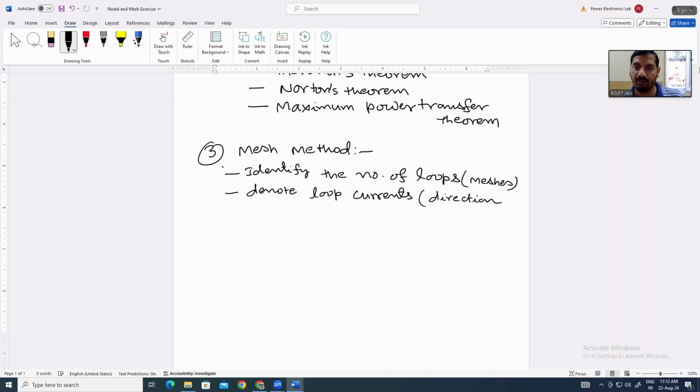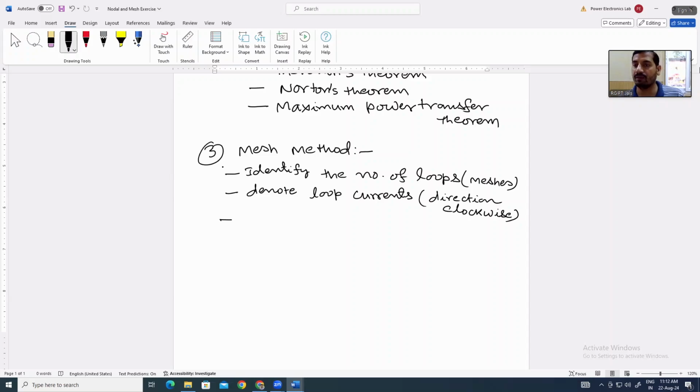So the direction will be clockwise. That will be for simplicity. We have to assume all directions of loop currents to be clockwise.